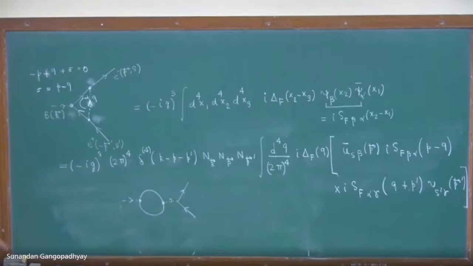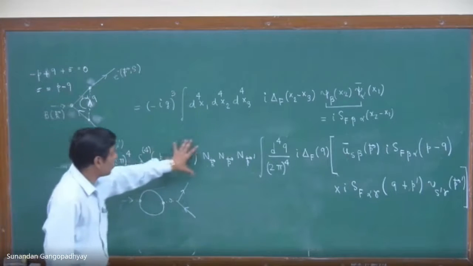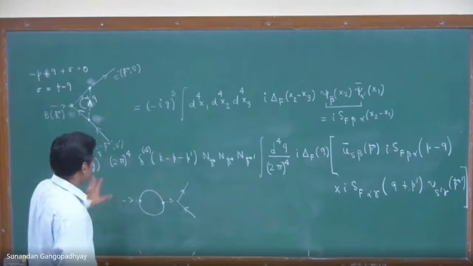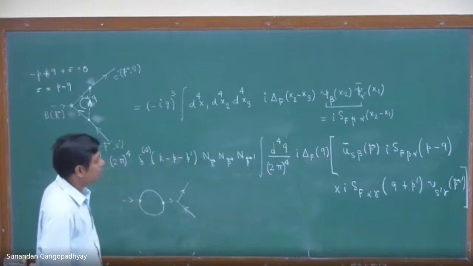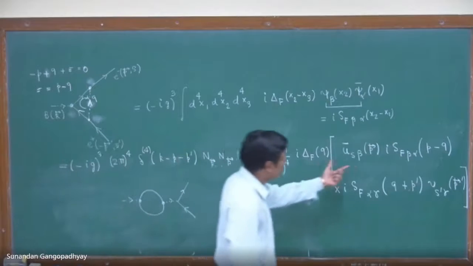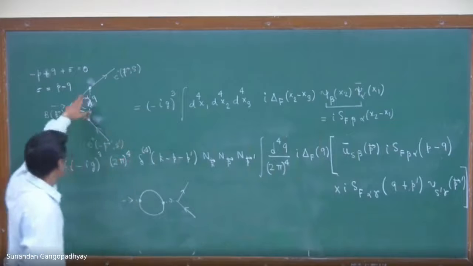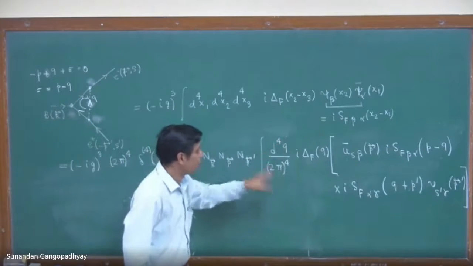So what is important is that for the vertex, you have the overall momentum conservation that is also associated with the vertex rule in momentum space. Then you have the normalization factors for the external lines, and for fermions you also have the spinor factors for the external lines. When you have a loop, the loop comes with the loop momentum d^4q by (2 pi)^4.